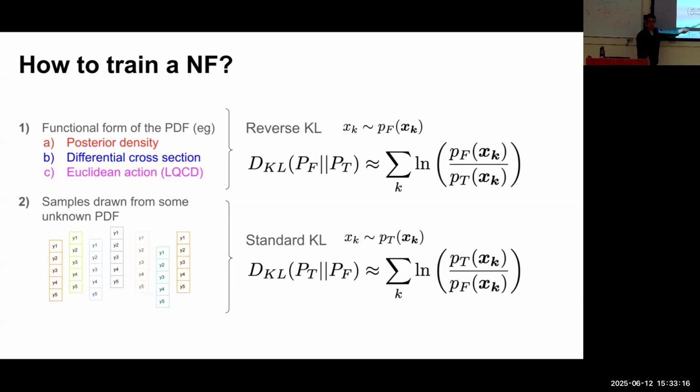So if you take the derivative, this piece is technically a constant and you don't need it. So all you need is minus log of this to optimize. And so that's why, depending on the problem you have, you either use the reverse KLD or the standard KLD. And the literature really sucks at explaining that.